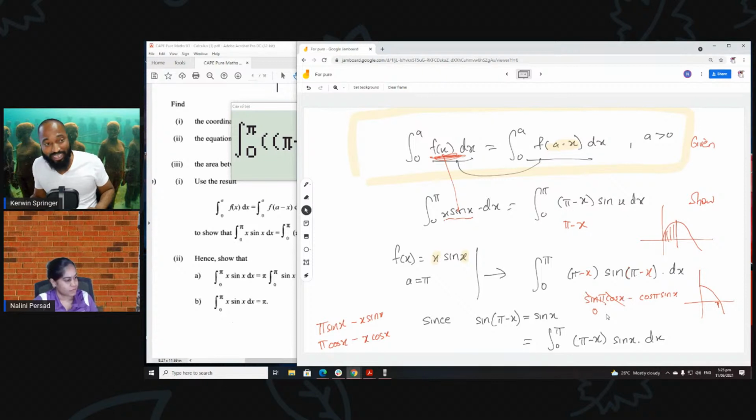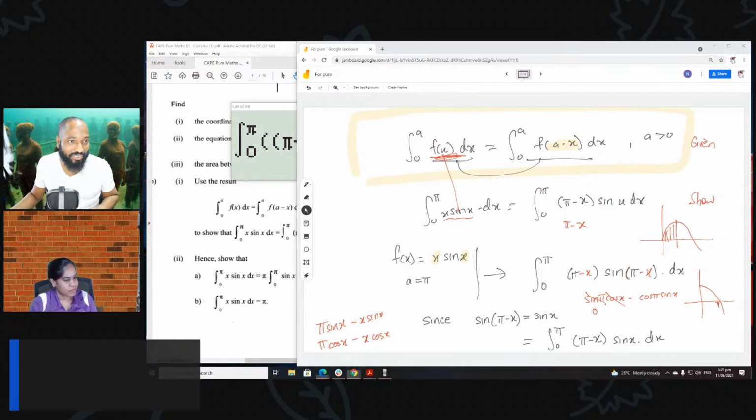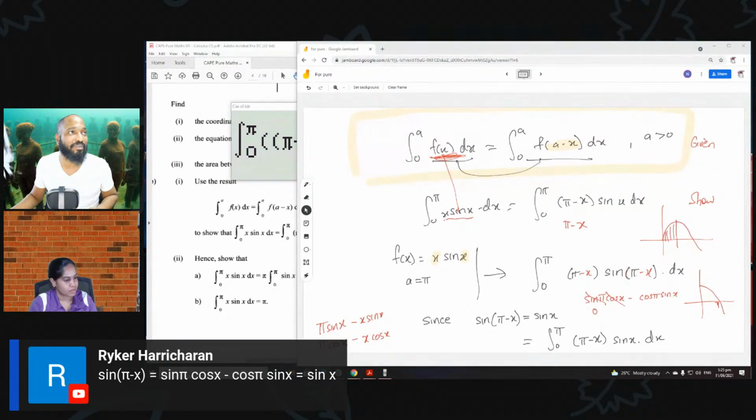And this will be 1. The only thing is I have a negative: cos pi minus cos x. I have a negative, that's the only thing. So yeah, sine x.